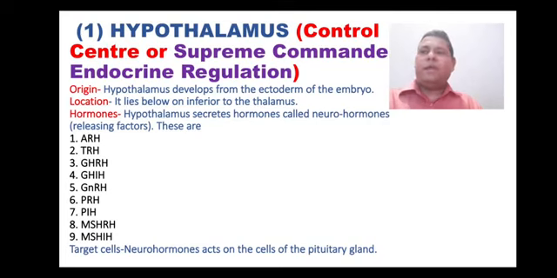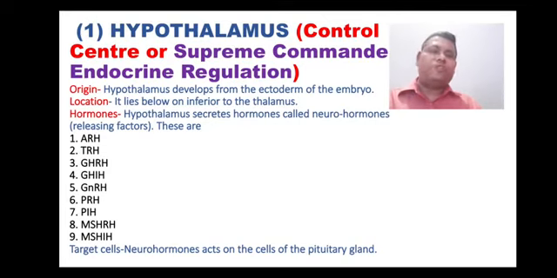Number 8, MSHRH, MSH releasing hormone. It stimulates the intermediate lobe of the pituitary gland to secrete its melanocyte stimulating hormone, MSH. Number 9, MSHIH, MSH inhibitory hormone.